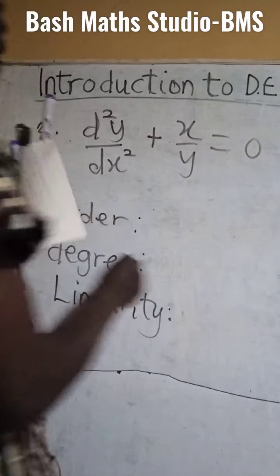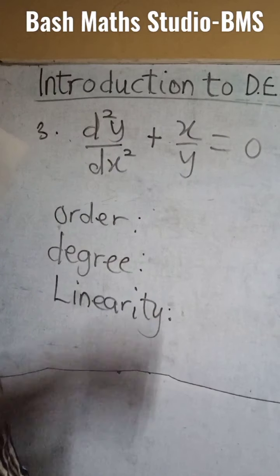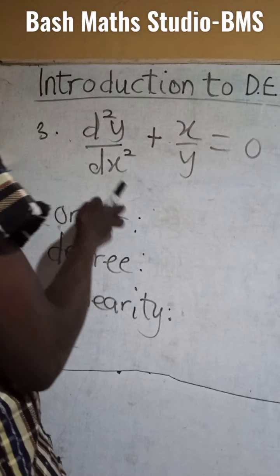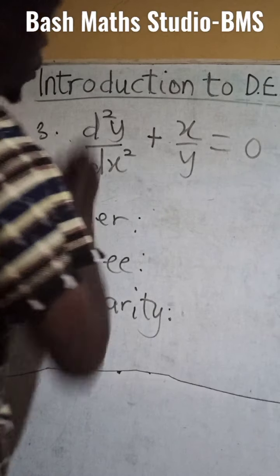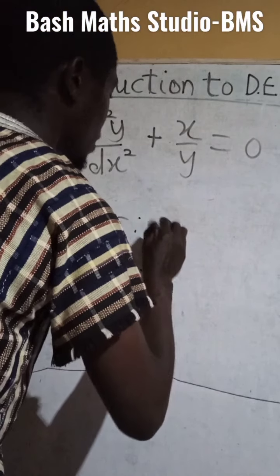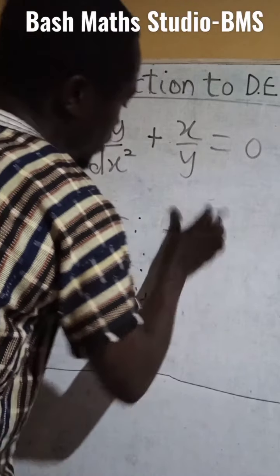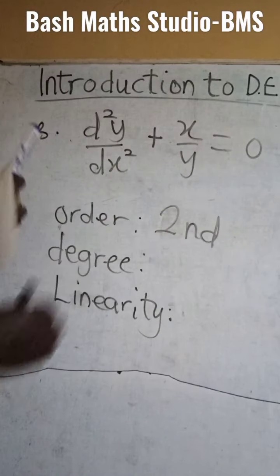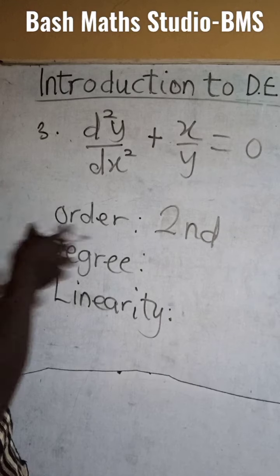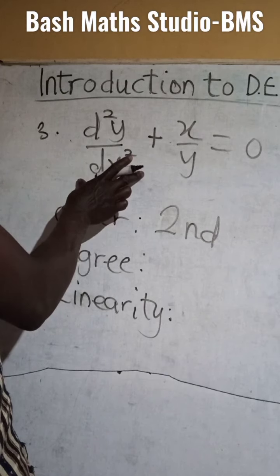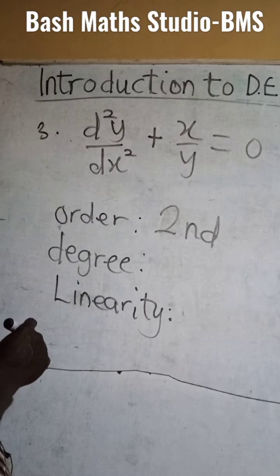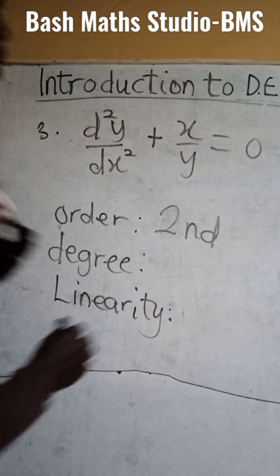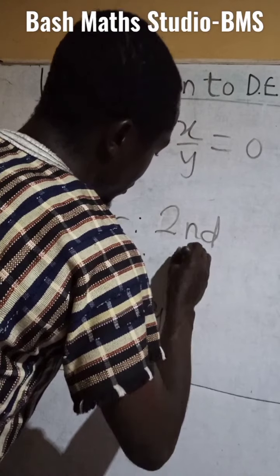So we are going to talk about the order first, the degree, and then the linearity. We have second order because the highest derivative there is the second derivative. And then the degree. The power of the highest order derivative is 1, and therefore the degree is 1.